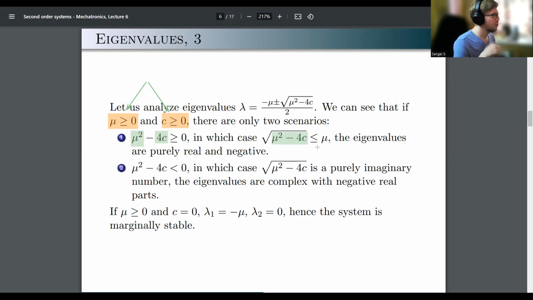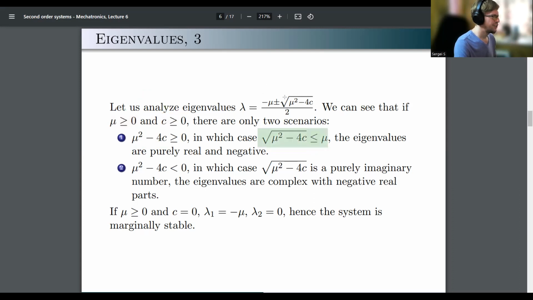So I'm only able to say it because c is positive. Let me repeat myself: mu squared minus 4c will be less than mu squared because c is positive. And the whole thing is positive too because that's our condition. So the value under the root is less than mu squared, and the value after you take the square root is less than mu. So this is the situation.